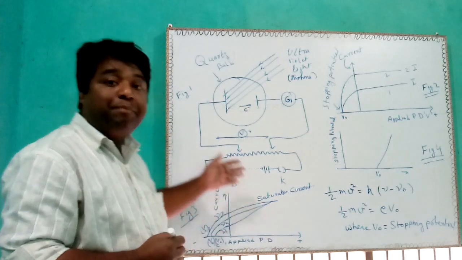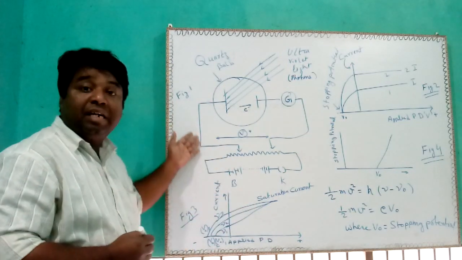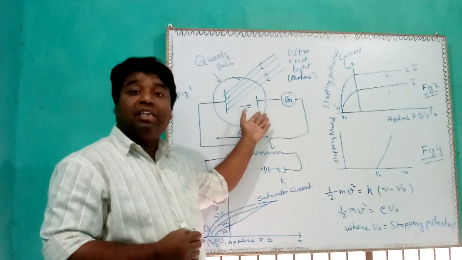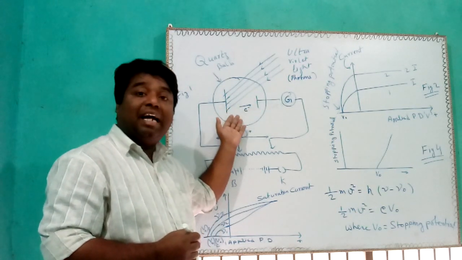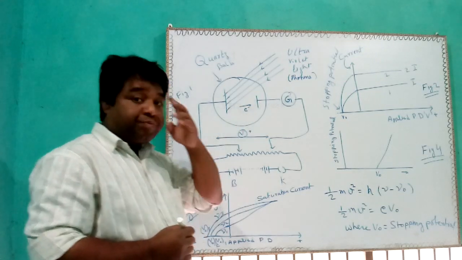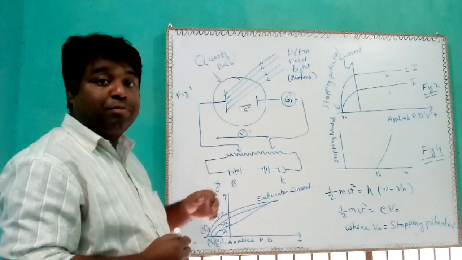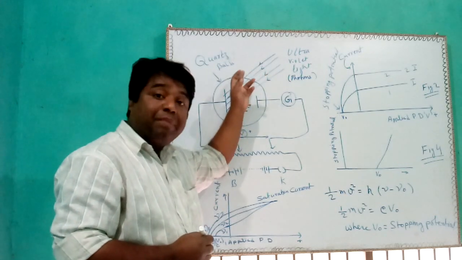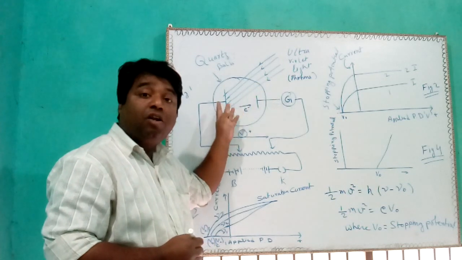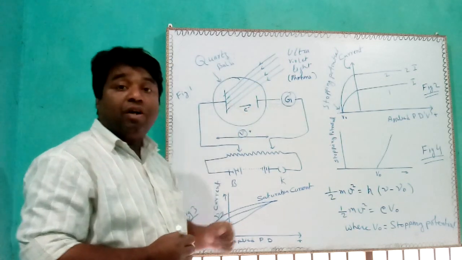That happens in this type of device, where a cathode and an anode are kept inside a partially evacuated quartz tube. The quartz tube is used because it allows the passage of the radiation to fall on the electrode.